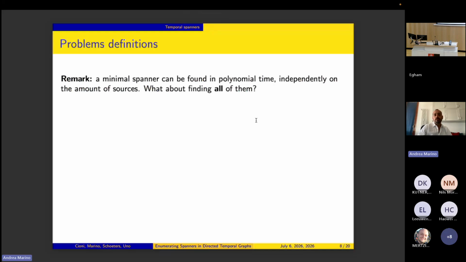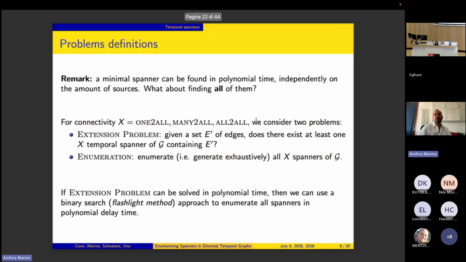So we have seen that a minimal spanner can be found in polynomial time. And the question is, what about enumerating all of them? For each of the connectivity constraints, so one to all, many to all, we pose these two questions. The first question might seem unrelated, but is actually very related to enumeration. This is called the extension problem.